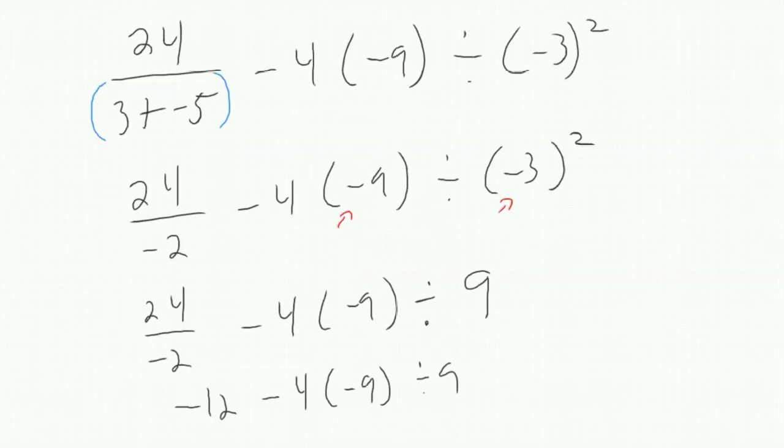Now I have to do 4 times a -9, right? So I'll put equals here: -12 minus 4 times -9 is a -36. I'll put that in parentheses to remind me that there's two negatives. All right, and then divided by 9.